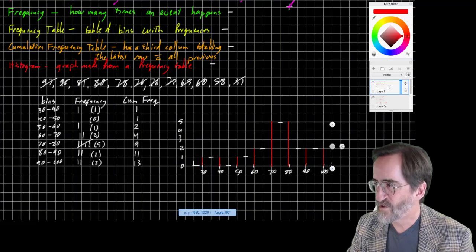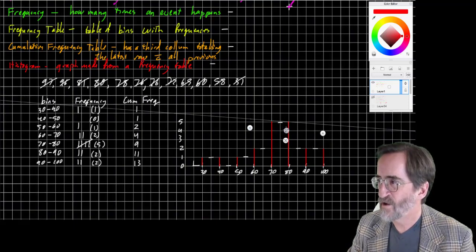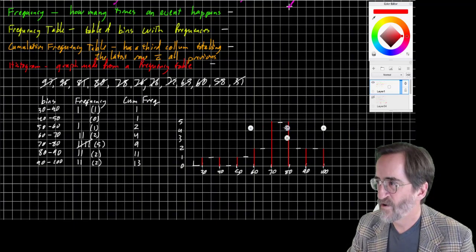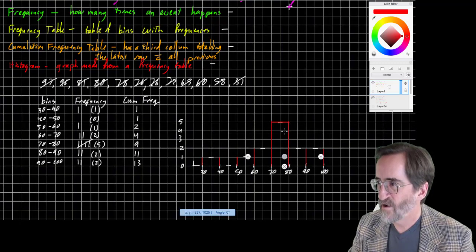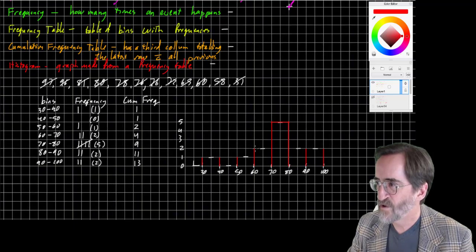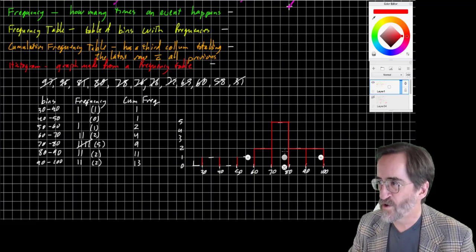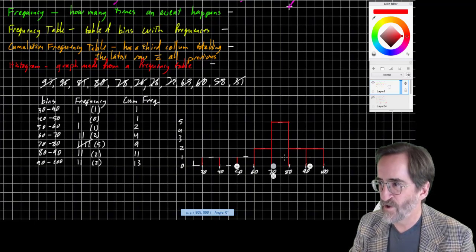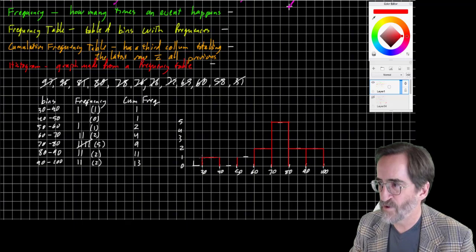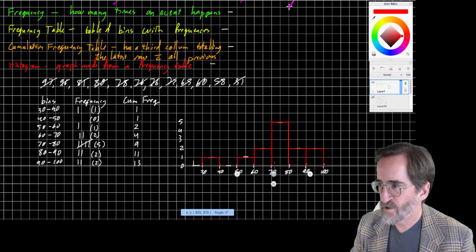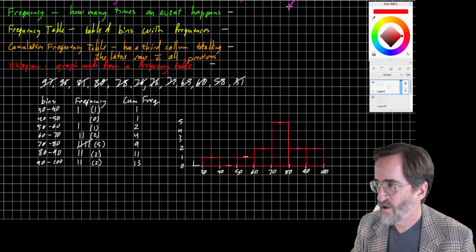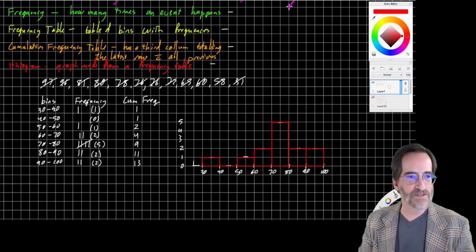Okay, and let's get our horizontal lines. Our 5s, our 2s. And you can also do a cumulative frequency histogram as well, but I'm just doing a regular histogram here. And our 0s. Okay, so that's an example of a histogram.